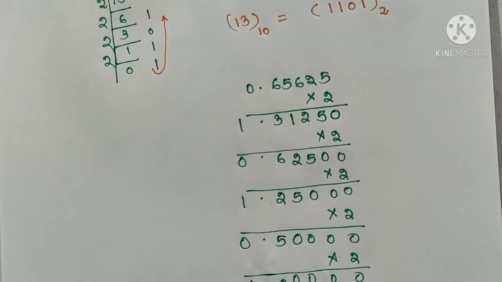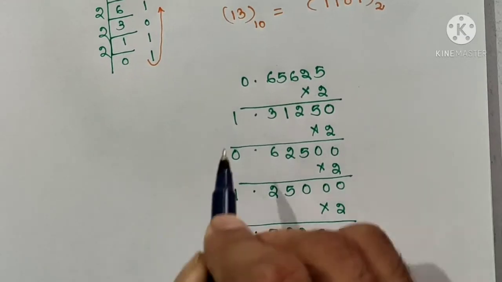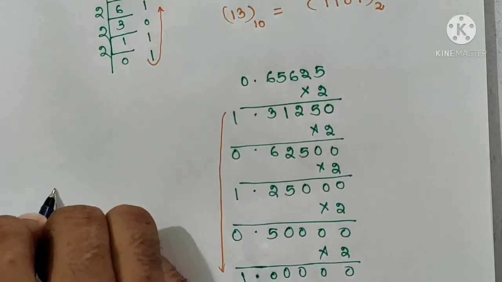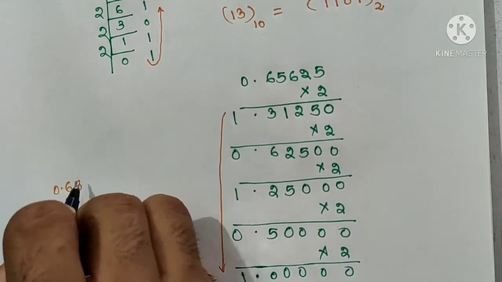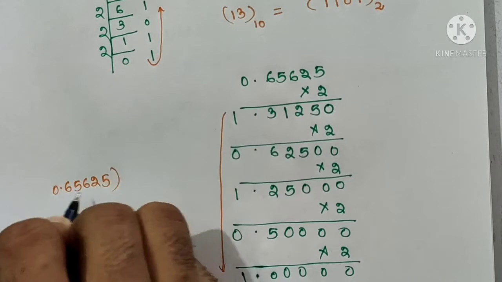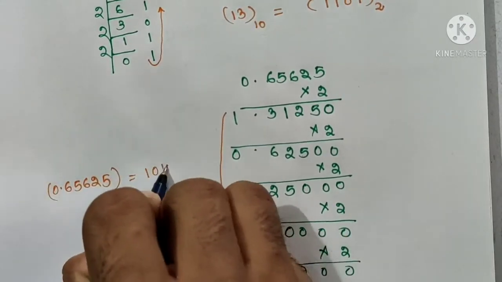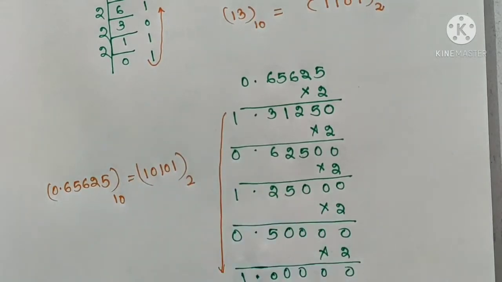So now take the bits in this order. So 0.65625 base 10 equals 10101.